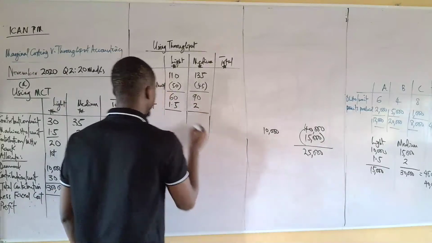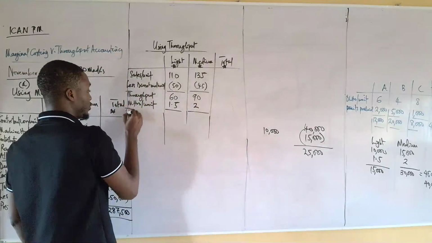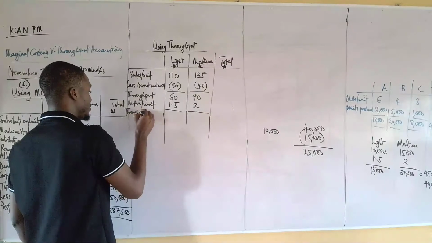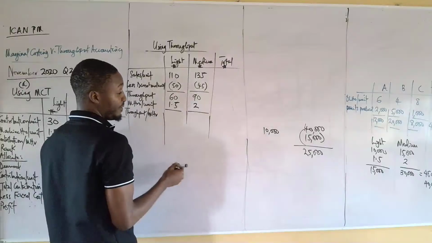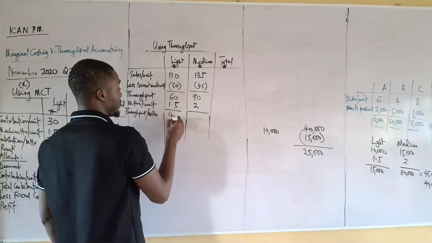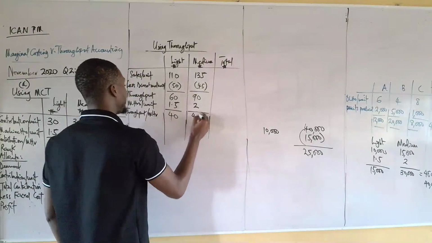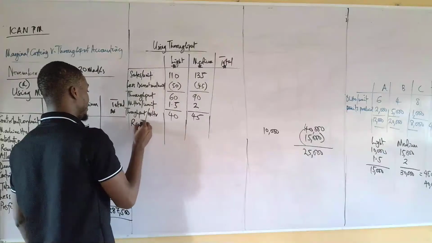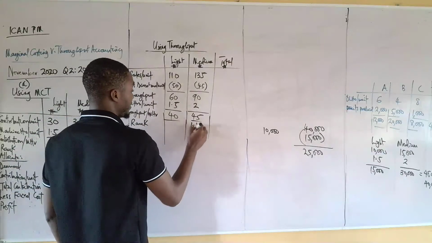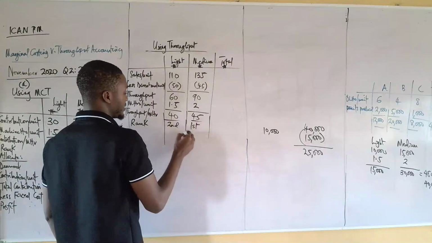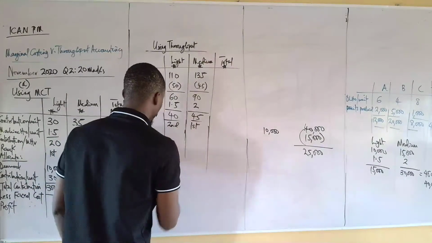We divide throughput per machine hour, 60 by 1.5, 45. Next is to rank first and then second. Next is to allocate.